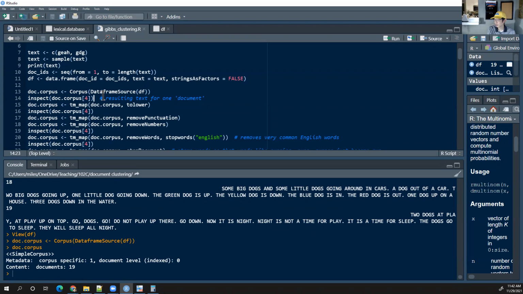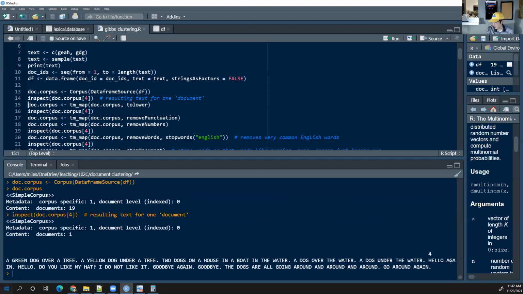So we can take a look at one of these documents. I can say document corpus item 4, and it says a green dog over a tree, a yellow dog under a tree, 2 dogs on a house, and a boat in the water.